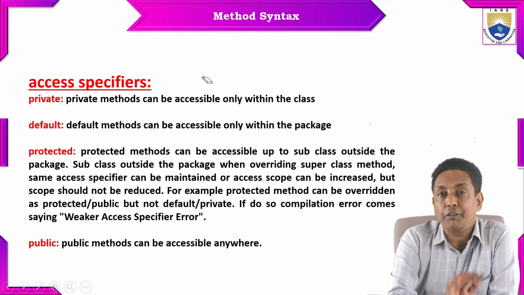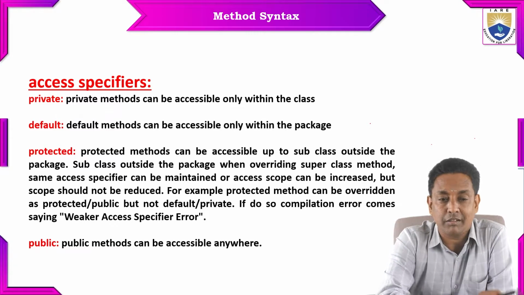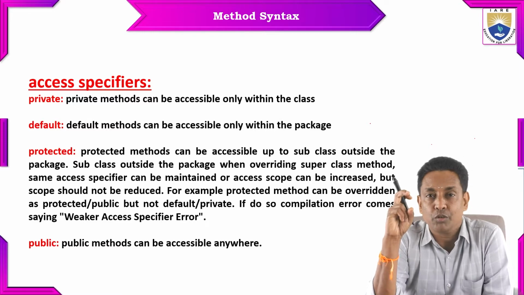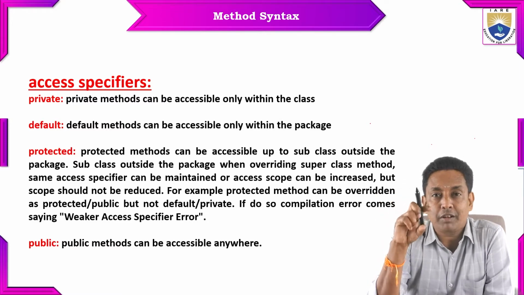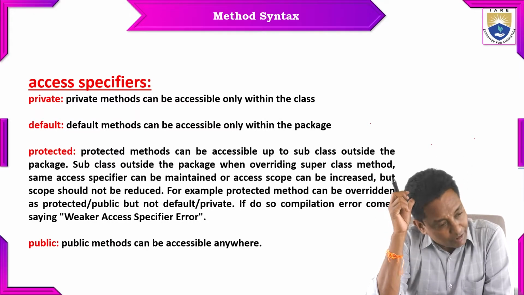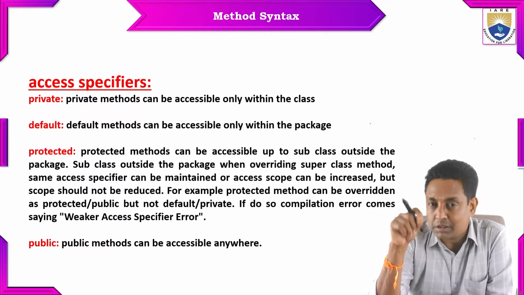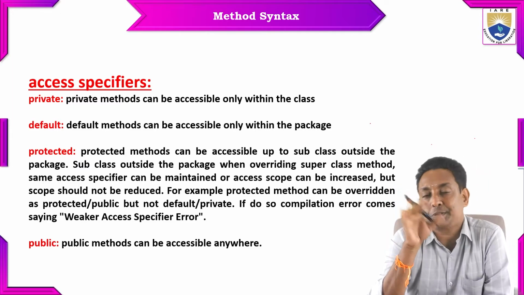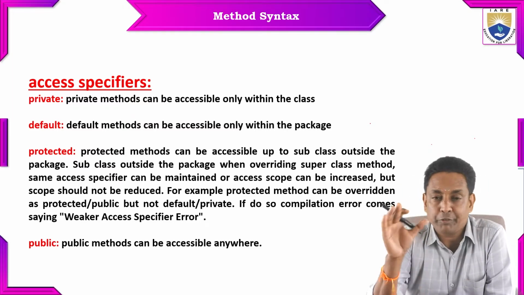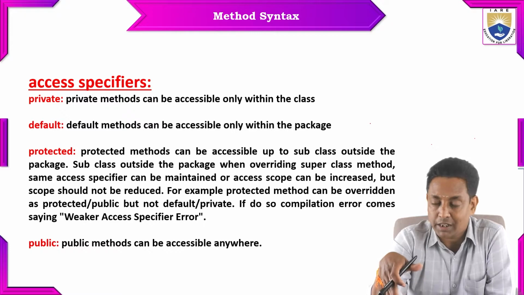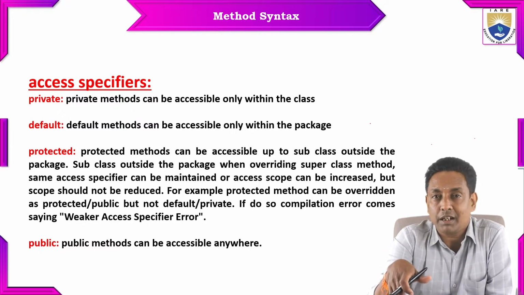And coming to the default, there is a combination used. Suppose you write a public class. Mostly you will write most of the methods with a public access specifier within the class, except a few methods which you do not want to be exposed outside. They will be declared as private.